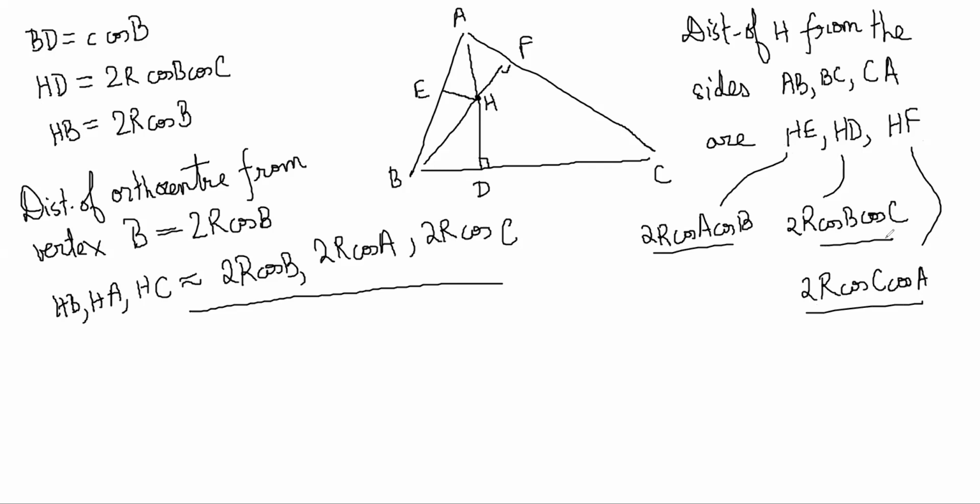Okay. So now what we want to derive is, if we join this triangle, let's find out the angles and the sides of the triangle. This orthic triangle is triangle DEF.